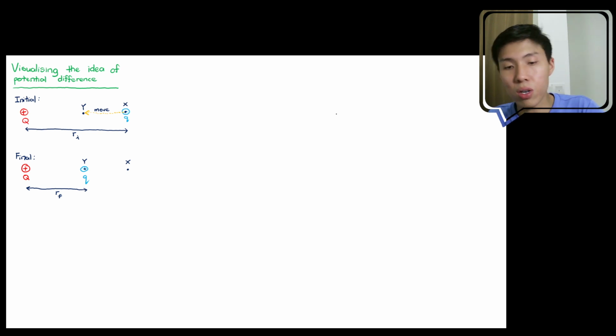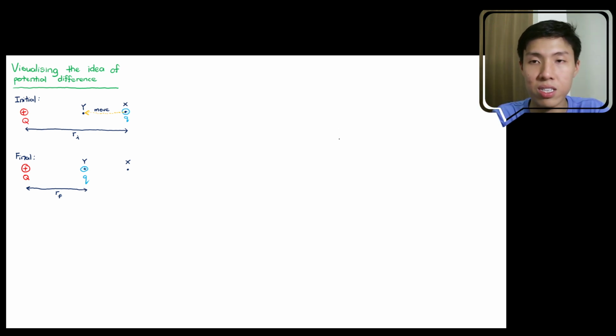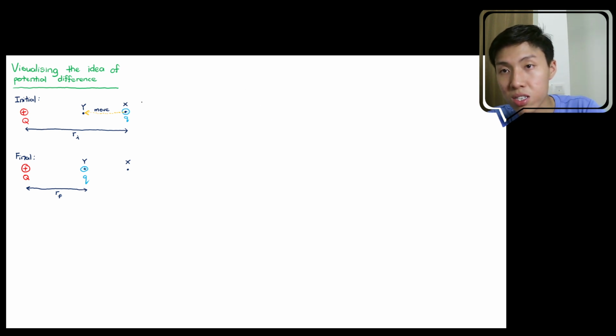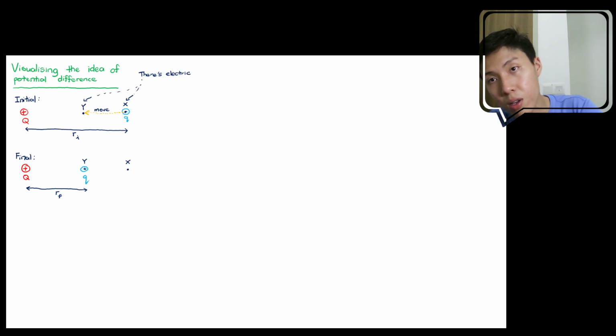Okay, so what I can say for this particular situation is, at both of these positions, there's electric potential which is produced by Q at both positions.